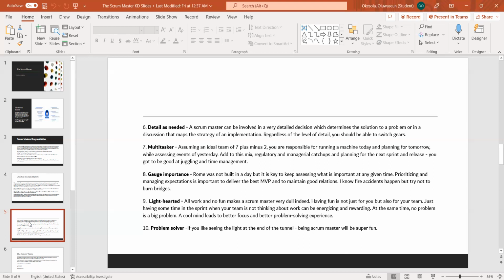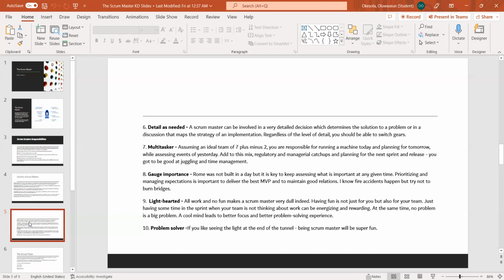You need to sit back, you need to have fun with the team, you need to create an atmosphere, an environment of fun, right? Having fun is not just for you, but also for your team. Just having some time in the sprint when the team is not thinking about work can be energizing and rewarding. So a Scrum Master would tend to introduce some kind of games into the sprint to ensure that people are relaxed, to ensure that people are not carrying long faces because it's all about work, work, work. You want to divert your mind to something simpler, something lighthearted, so that people can get rejuvenated and be eager to come back to work.